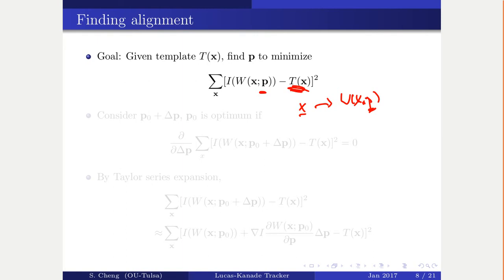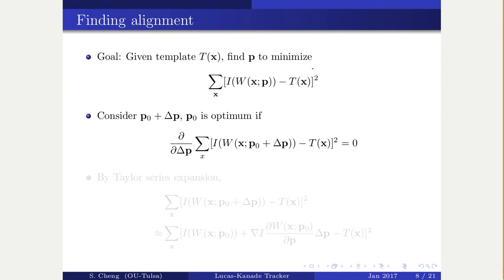So we want to make sure that for each pixel it will be similar. So we need to sum over all the pixels, sum over x, and we'll just take the squared difference here. Essentially, we're just trying to minimize this function with respect to p.